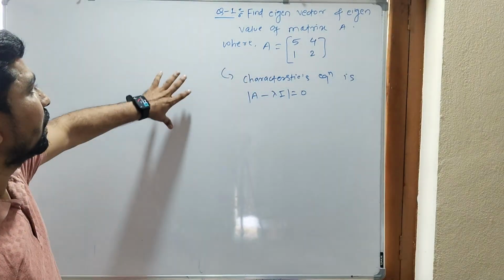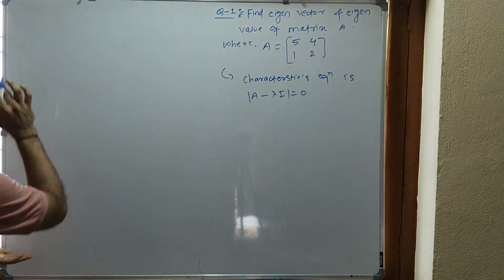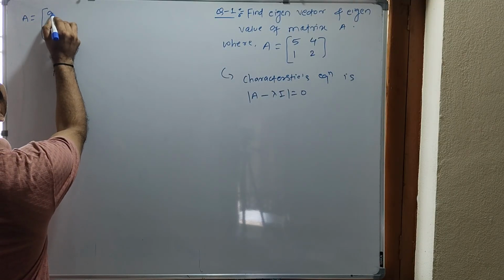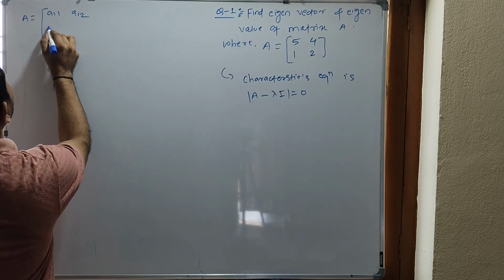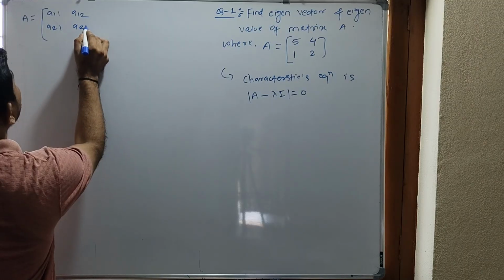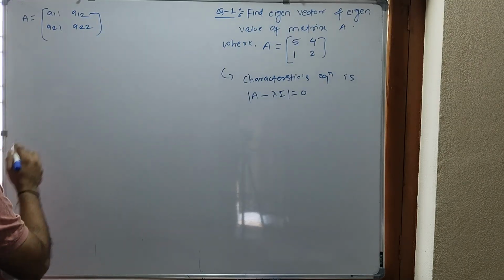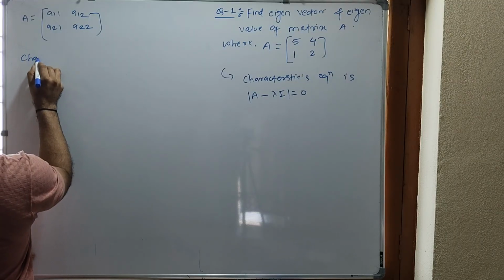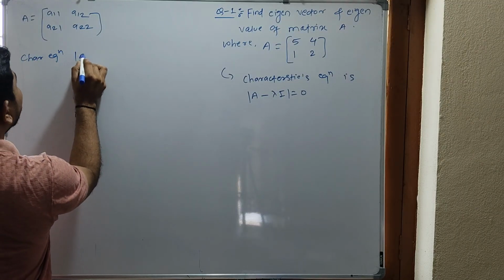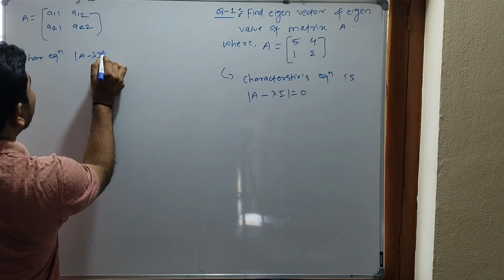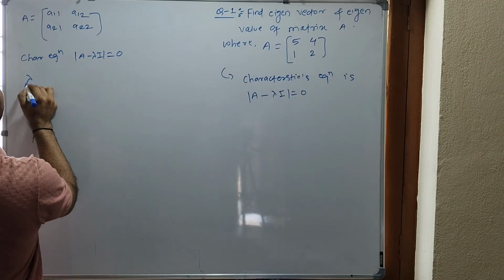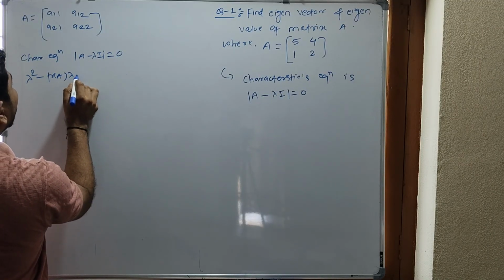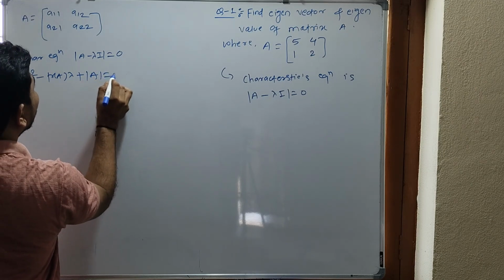Whenever you have any 2 cross 2 matrix, let's say with entries A11, A12, A21 and A22, the characteristic equation, determinant of A minus lambda I equal to 0, is the same as lambda square minus trace of A into lambda plus determinant of A equal to 0.